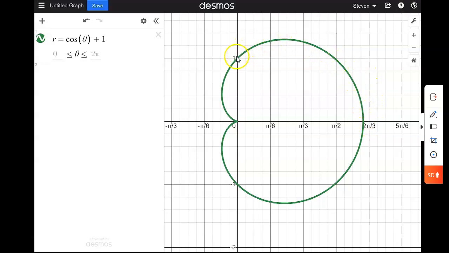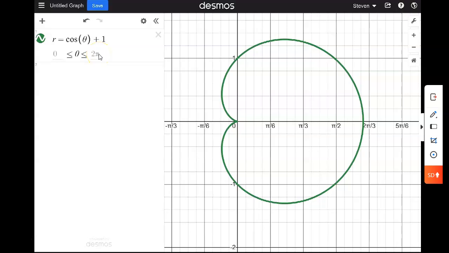And so we need to know if they actually intersect, or is it just the fact that it looks like they're intersecting? Because they could be intersecting at different values of theta, in which case they're not really technically intersecting, at least not in the polar coordinate form.